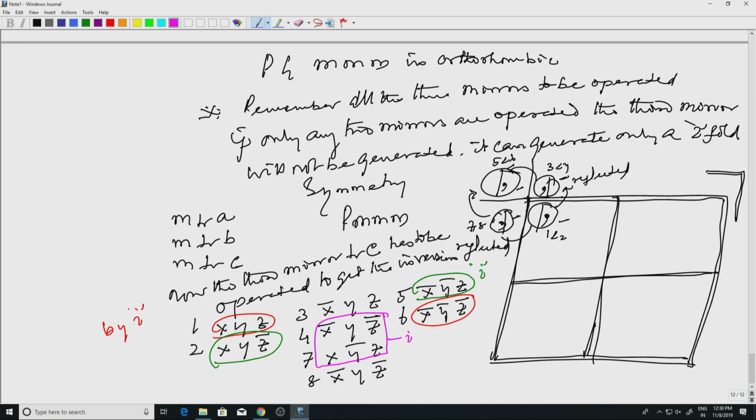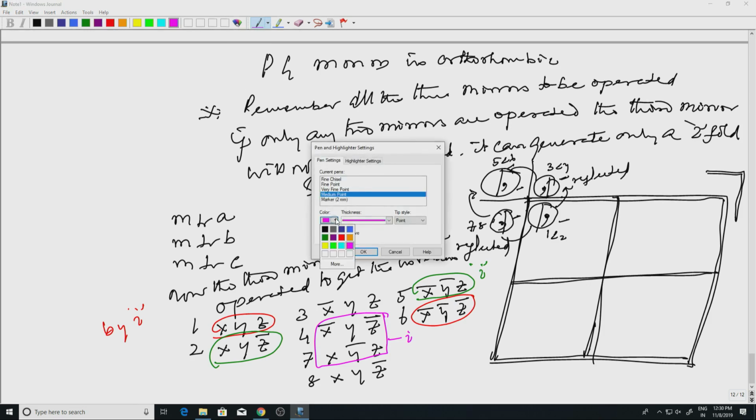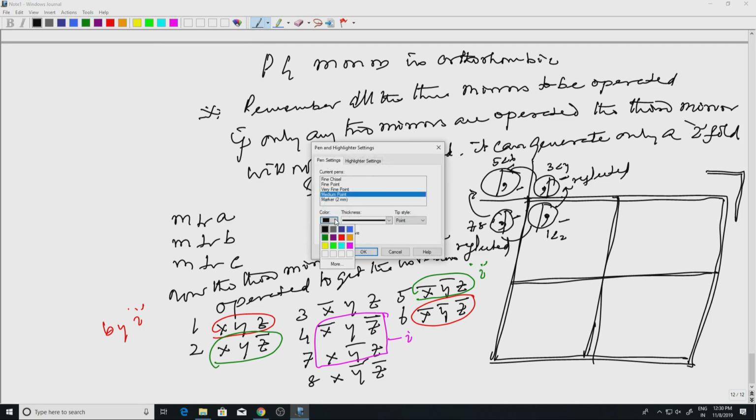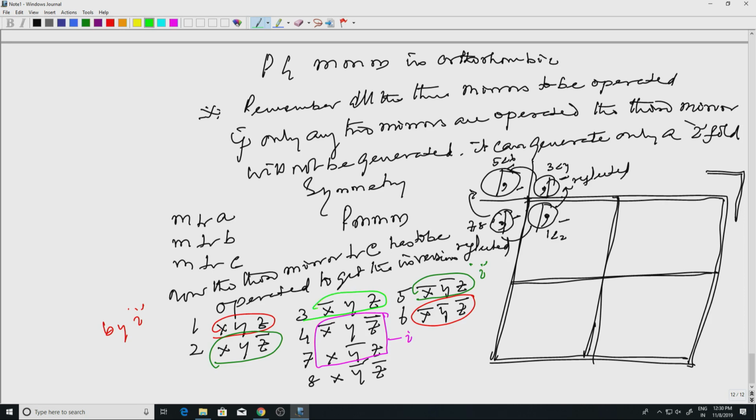Plus 8 is x bar... x is equal to... by I. So now the inversions are at this junction.